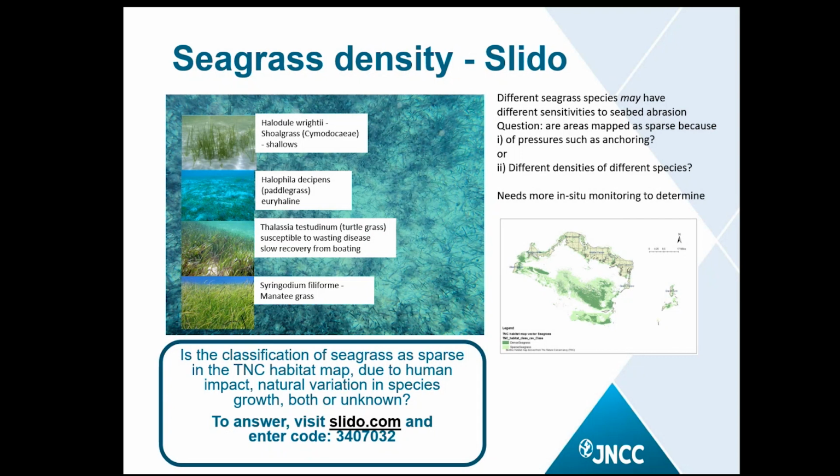So we put the question here: is a classification of seagrass as sparse due to human impact, natural variation, both, or unknown, more monitoring is needed? That also relates to whether you think the seagrass in the map is in an accurate location. I think that poll is live, so I'll let you use the code there.